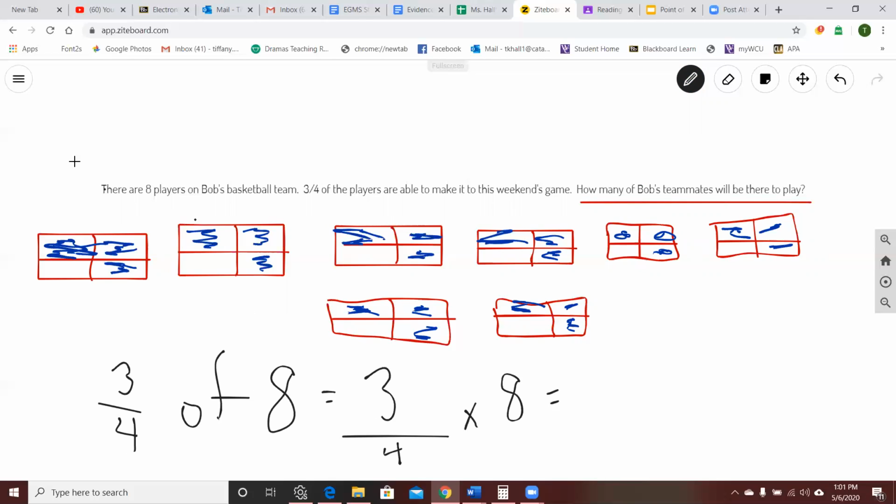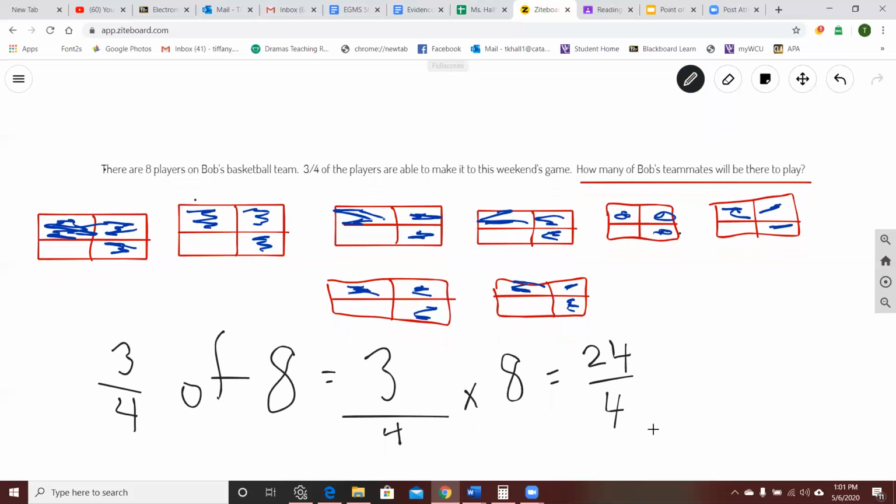So when I count 3, 6, 9, 12, 15, 18, 21, 24. There's 24 colored in over a denominator of 4, because there's 4 in each one.